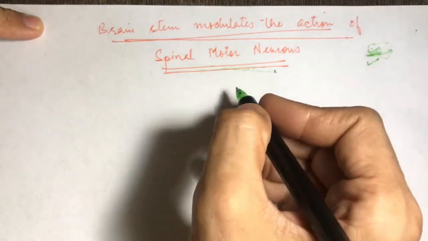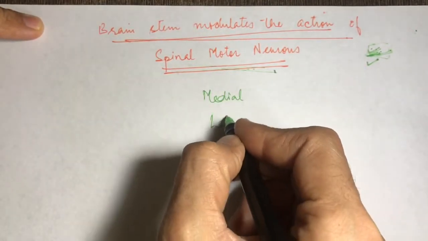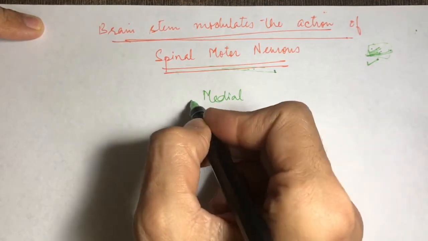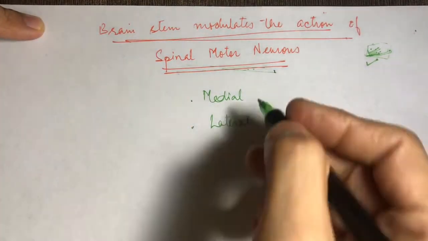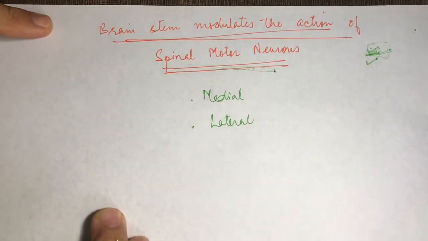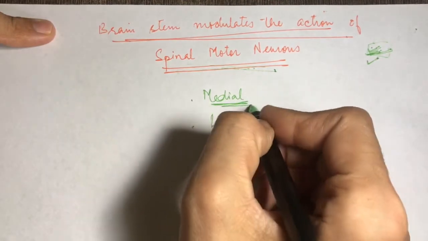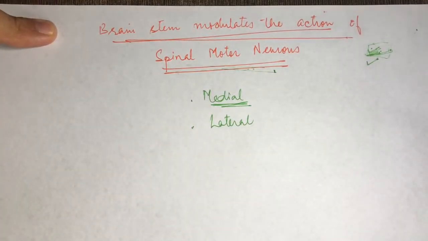systems, two pathways, medial and lateral. So the medial descending tract and the lateral descending tract, or descending brainstem pathway, or brainstem tract we can say. The medial brainstem pathway, as we all know, there is the proximal distal rule or medial lateral rule.